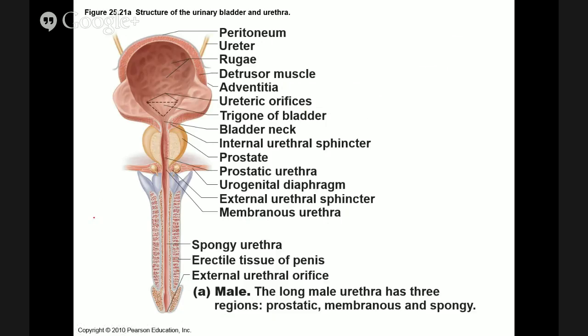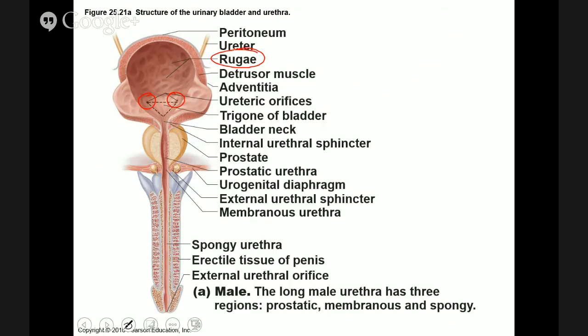So once the urine gets through the ureters, they're going to enter through the bottom of the bladder, through what we call the ureteric orifices. And so the bladder is essentially going to fill up from the bottom up. Inside the bladder, we have rugae, just like we saw in the stomach, so the bladder can stretch, it can distend.